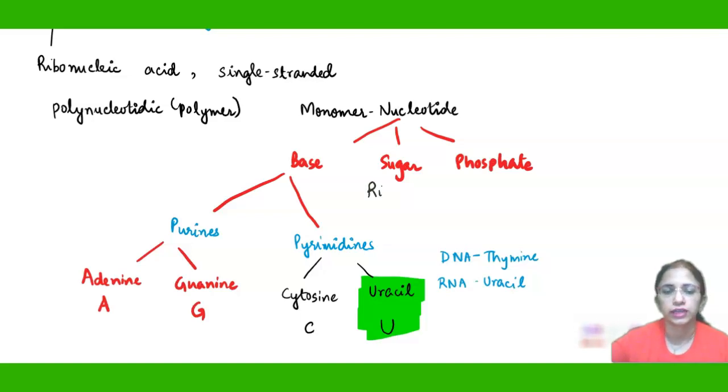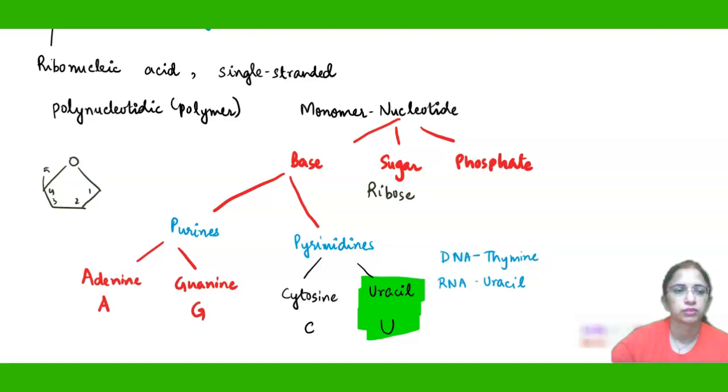Sugar in the case of RNA is ribose. This has been told in DNA also. Let me tell you a short step of it as well. This is our pentose sugar, and a pentose sugar is one that has 5 carbons in it.